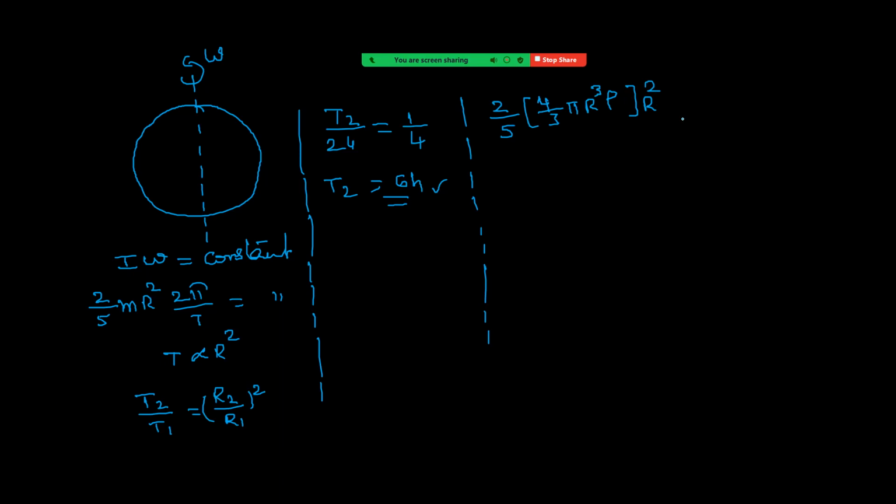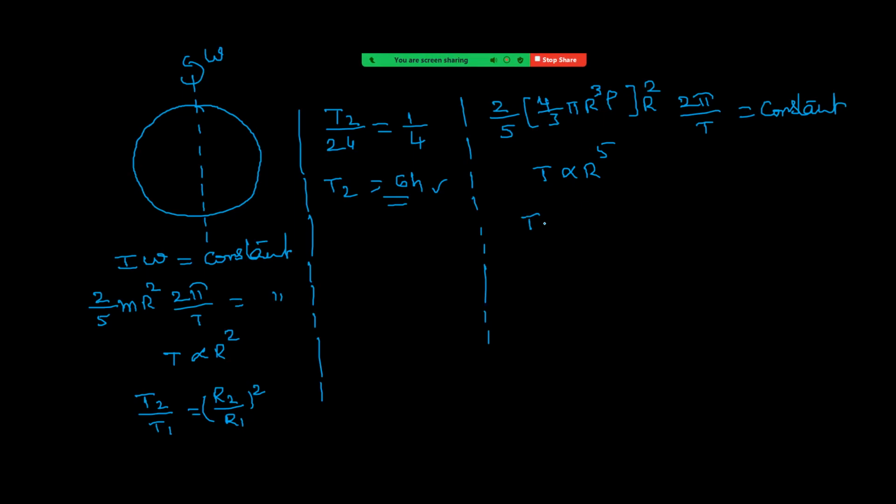Volume into density, that is mass, m r square into 2 pi by T is a constant. Now see what happens here. R cube, r square, r power 5.